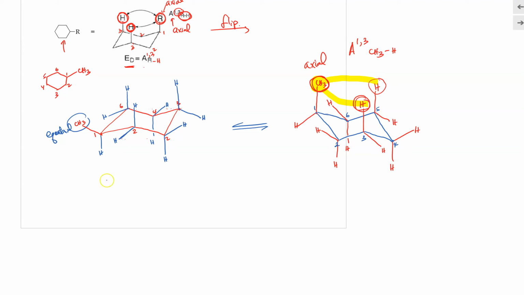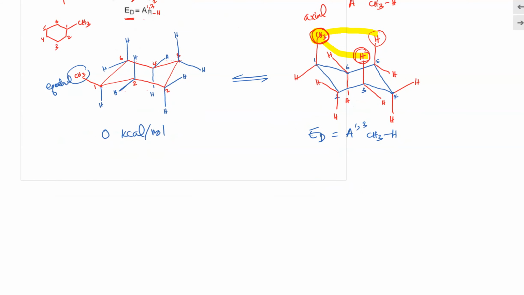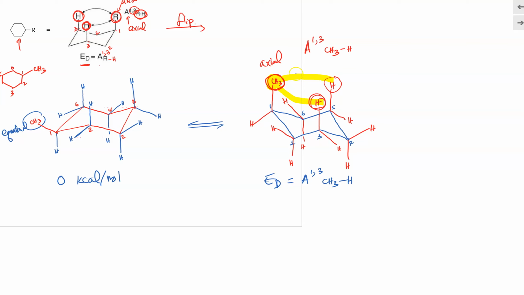And in comparison, this will then equal 0 kcal per mole. Versus for this one, it has this 1,3-diaxial interaction between the CH3 group and the hydrogen. Each of these interactions is 0.9 kcal per mole between the methyl group and each hydrogen.